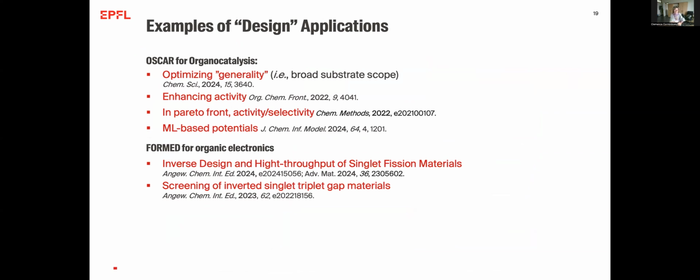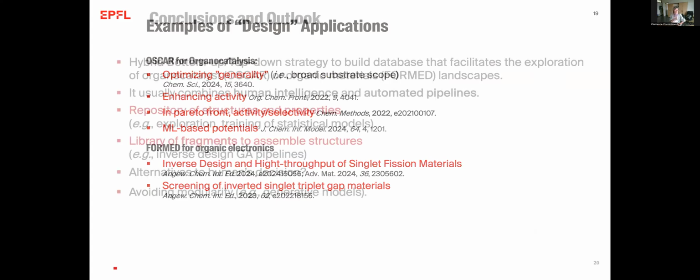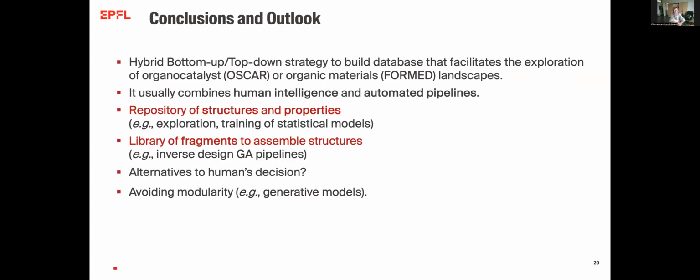Here are just a few examples of application of these catalysts on proper inverse design problems, in case you are interested. The first block is for organocatalysis, the second block is for organic electronics. I hope you learned a few things here: what bottom-up, top-down, and hybrid strategies mean for building those databases.